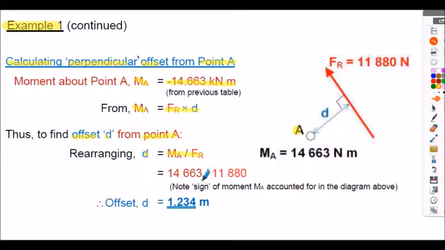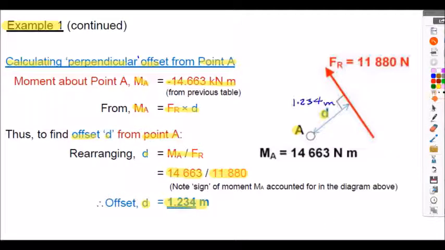So back to my calculation. D is simply the M, and I put it in Newton meters now, 14,663 Newton meters divided by my FR, which is 11,880 newtons. That gives a value of D to be 1.234 meters. So I now know what the value of D is.